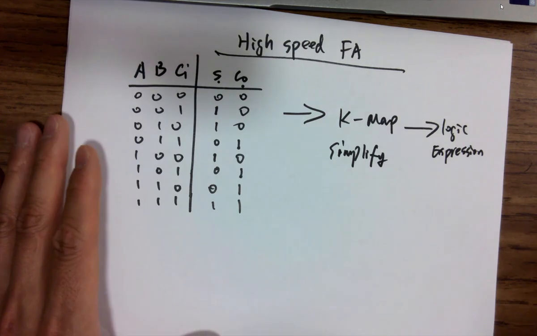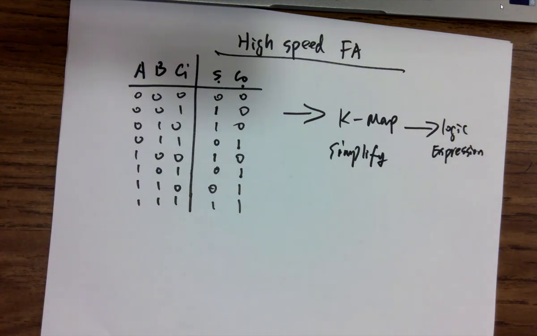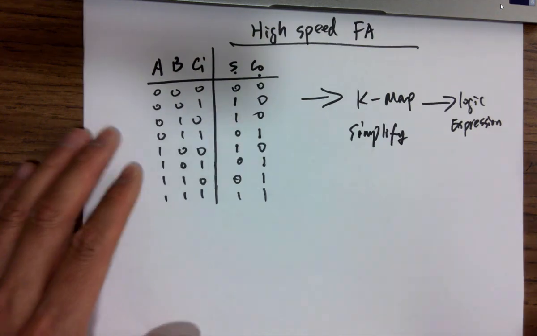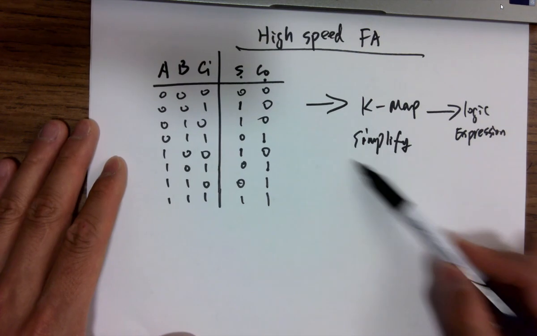And from the logic expression, remember what we did last week? If you know a logic expression, you draw the AOI logic schematic, the transistor level circuit. And then from the AOI transistor level circuit, we draw a stick diagram and implement it in the layout software so we can fabricate it as a chip. So that's how it goes from the inputs and outputs to a final circuit. Now we have this one, and I'm skipping the K-map because this is really basic.